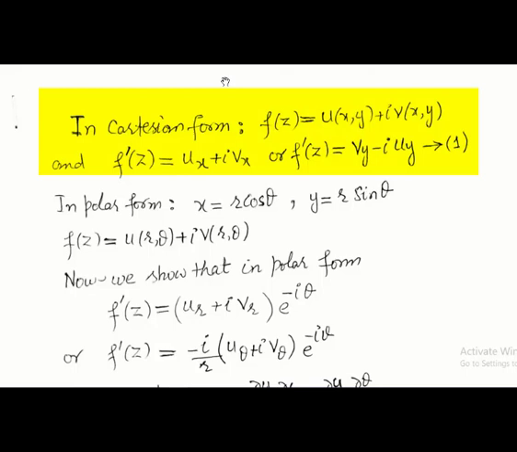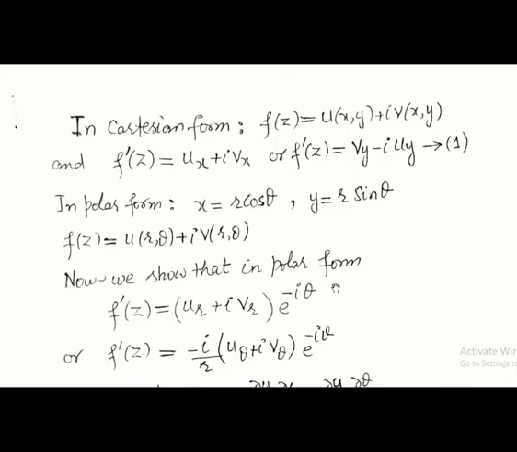In Cartesian form, f(z) equals u(x,y) plus iota v(x,y), and we can write the derivative f prime z equals ux plus iota vx, or f prime z equals vy minus iota uy. In polar form, we know that x equals r cos theta, y equals r sin theta, and the function is u(r,theta) plus iota v(r,theta).